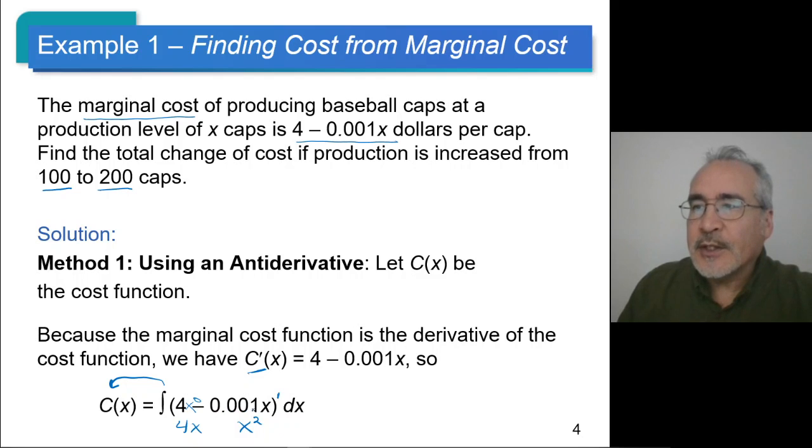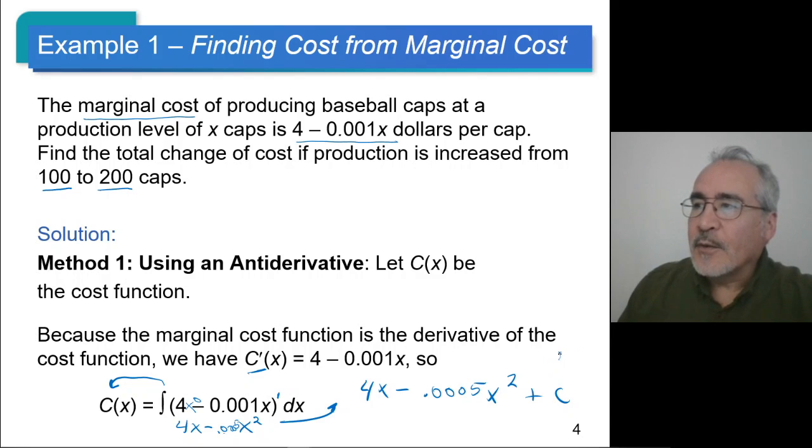So 0.001 divided by 2 is now going to be 0.0005, not divided by 2, since we've already done that. Let me write it, you'll see it on the next page: 4x minus 0.0005 x squared. And then again, we always have plus a constant.